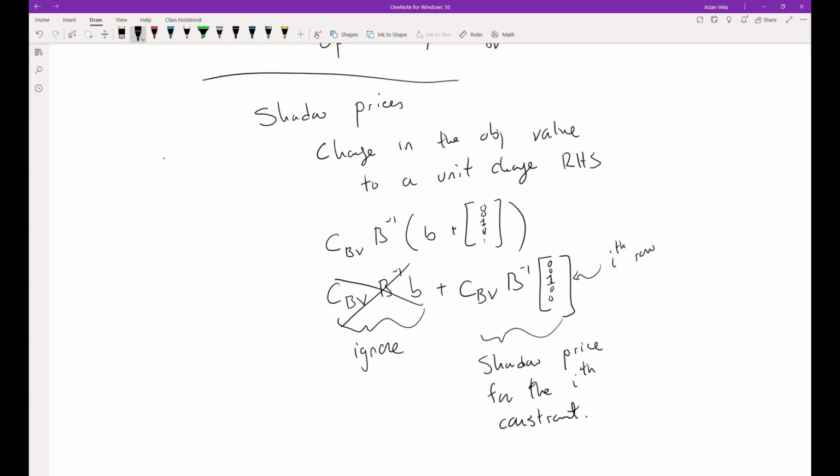Again, it tells us if we increase the ith constraint, the right-hand side, by a value of 1, how does that change our objective function? So this is a neat little way we can calculate the objective function pretty quickly.